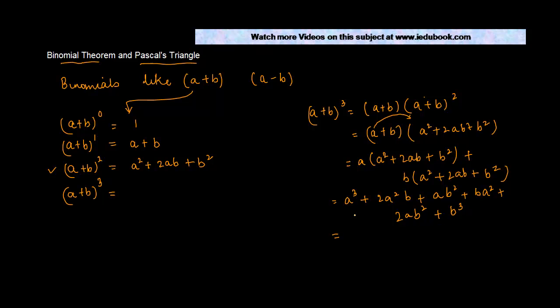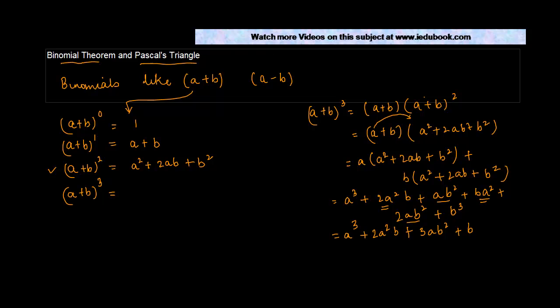Or if you just see, we can also write this as a cube plus 2a square b plus ab square. We don't have anything else with a square here, so we just write it as 2a square b. We also have 2ab square here and 1ab square here, so 3ab square, plus b a square, which is also what we have here.